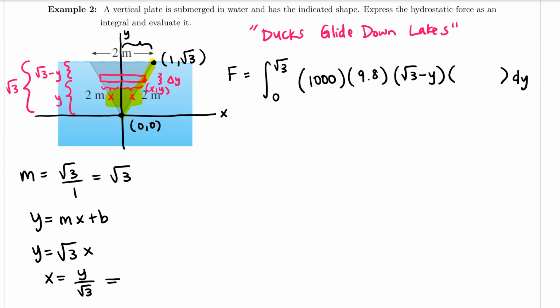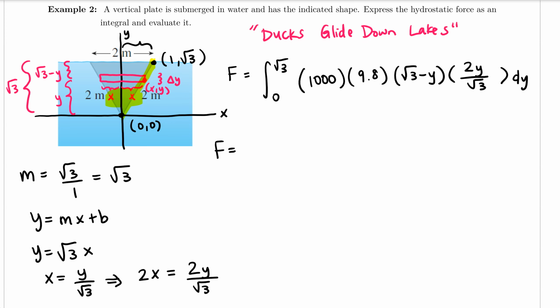So this implies that 2x is equal to 2y over the square root of 3. So I'm going to go ahead and put that here, 2y over the square root of 3, and that expression represents the length of our cross-section.